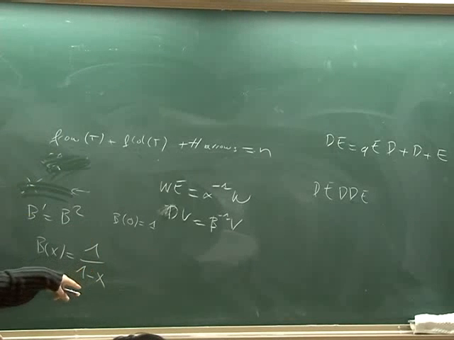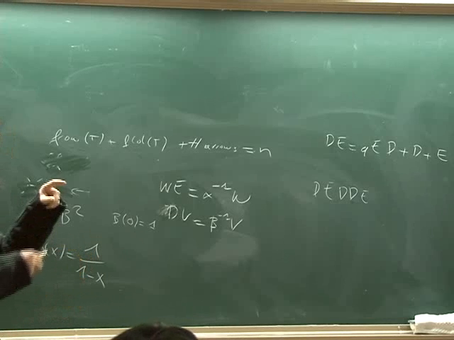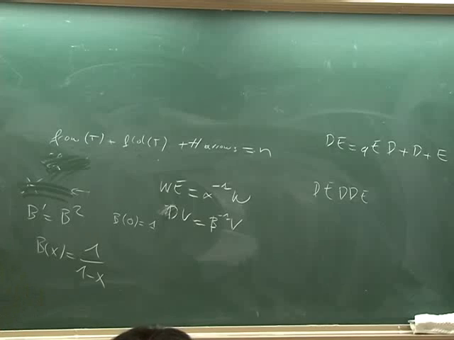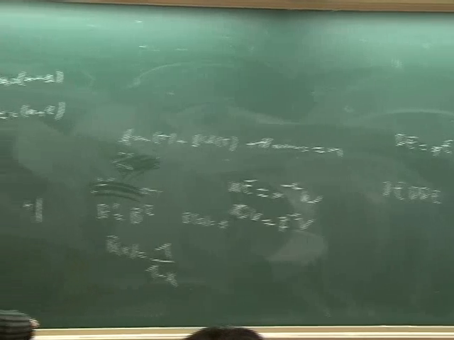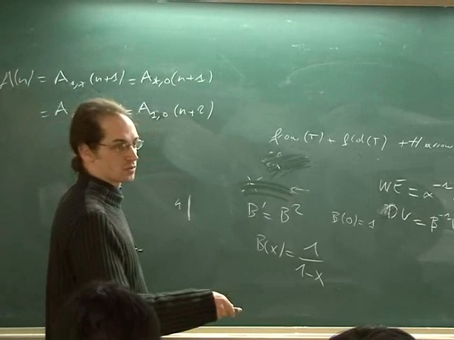If you expand this, the coefficient of z to the n over n factorial will be n factorial. Because B is shifted with respect to A, it will be n plus 1 factorial.